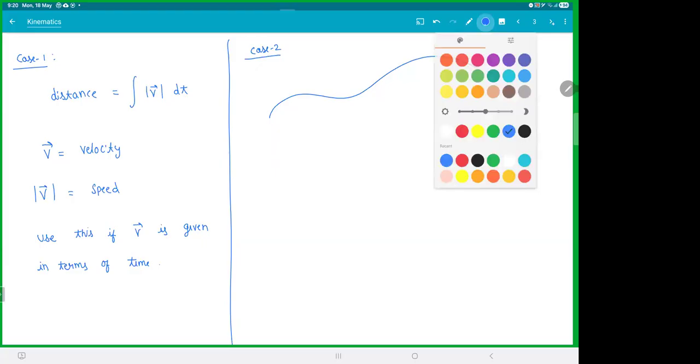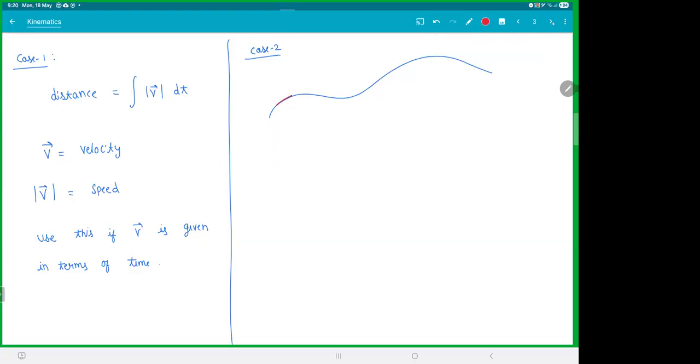So what we do, consider a small section here, ds, the small path. I'll exaggerate this, so it will not look like a straight line if you zoom in. It's so small, d theta. This is ds, this is dy, and this is dx.